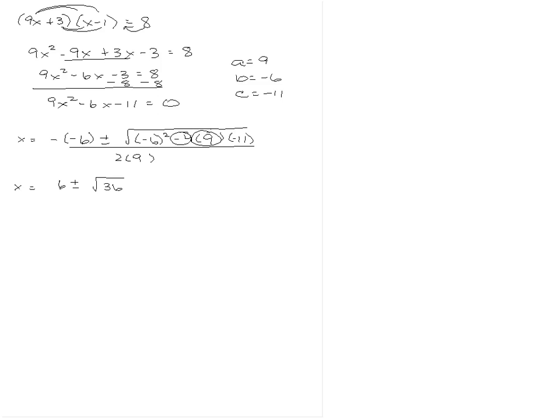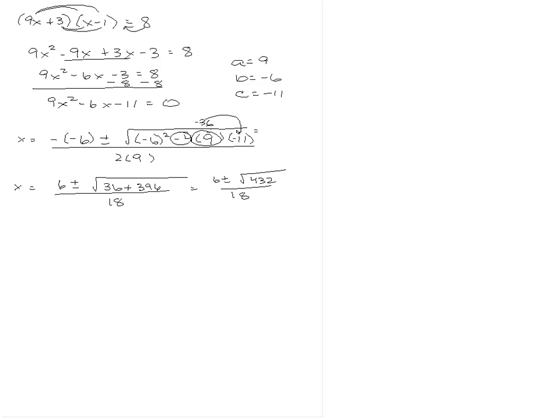Now, negative 4 times 9 is negative 36, and then negative 36 times negative 11 gives us positive, I have no idea, let me get my calculator, 36 times 11 is 396. 396 all over 18, which is 6 plus or minus the square root of 432 all over 18.